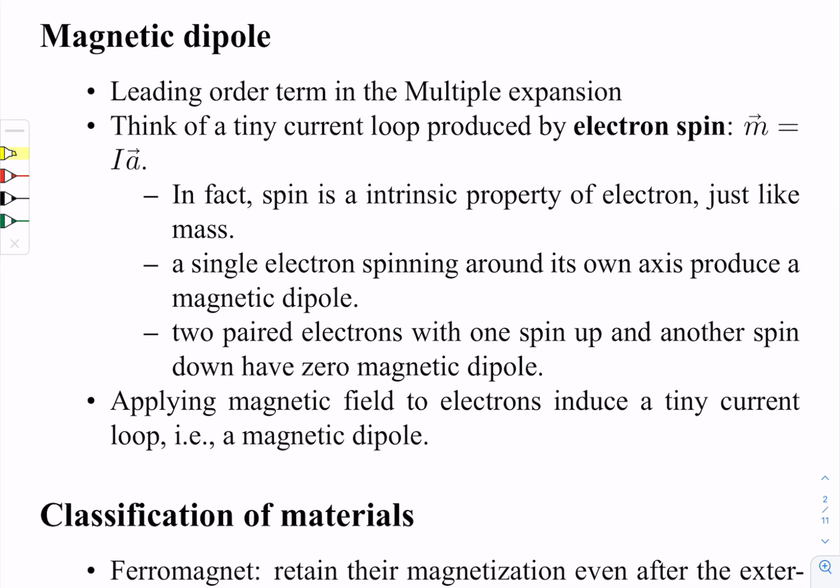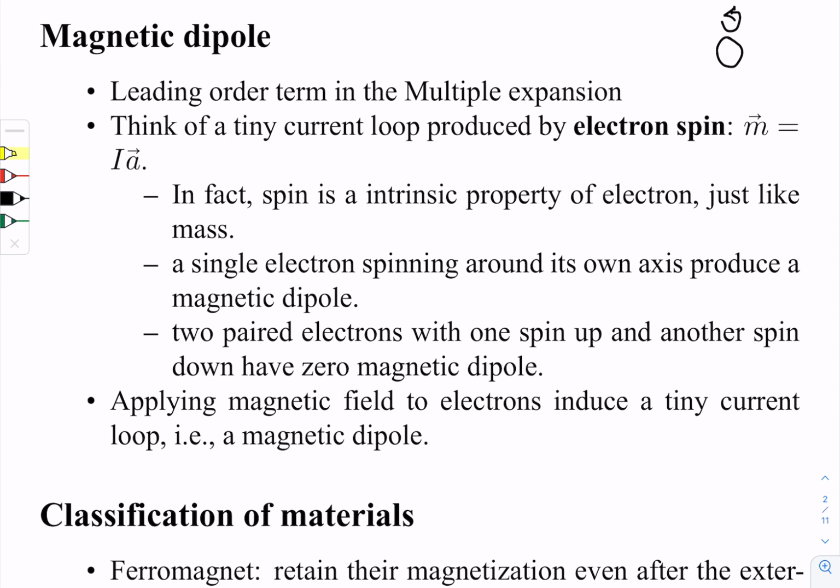Here this I is the current carried by this electron, and A is the area spanned by this current loop. So you should think of an electron semi-classically as a ball, and this ball will rotate around its own axis.